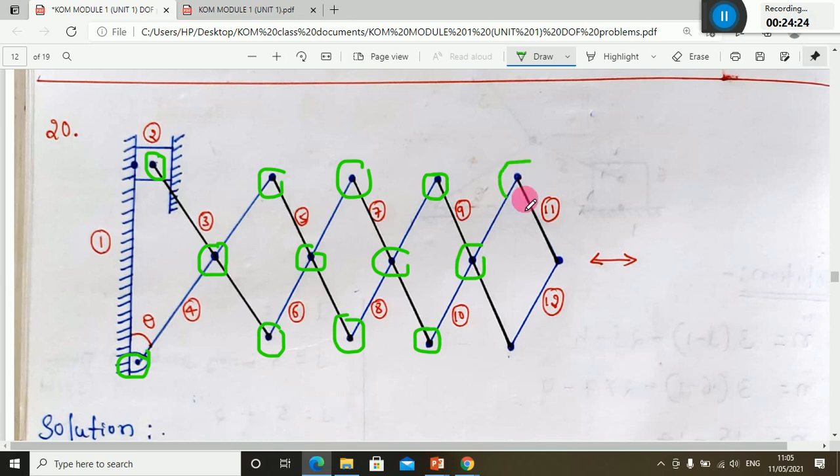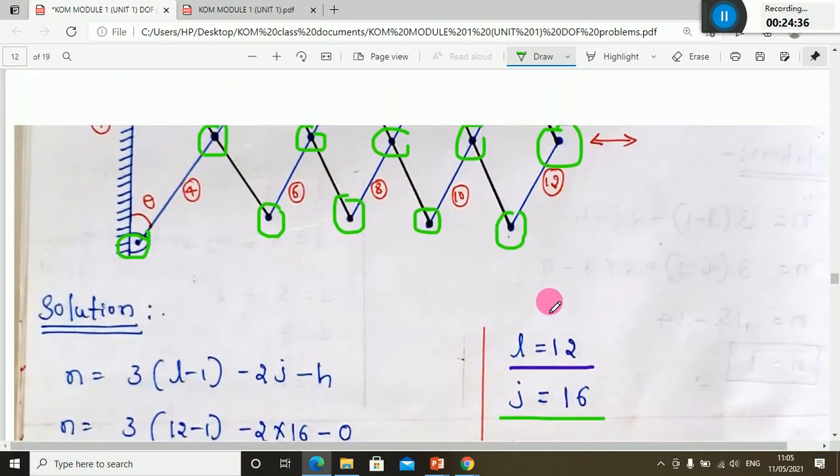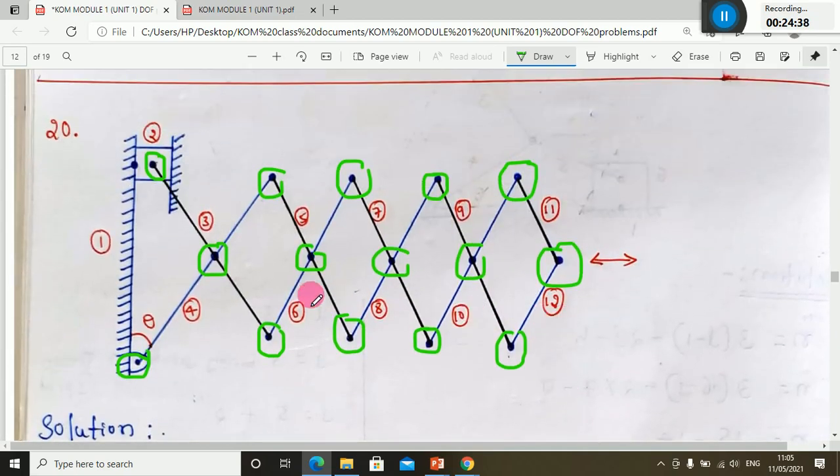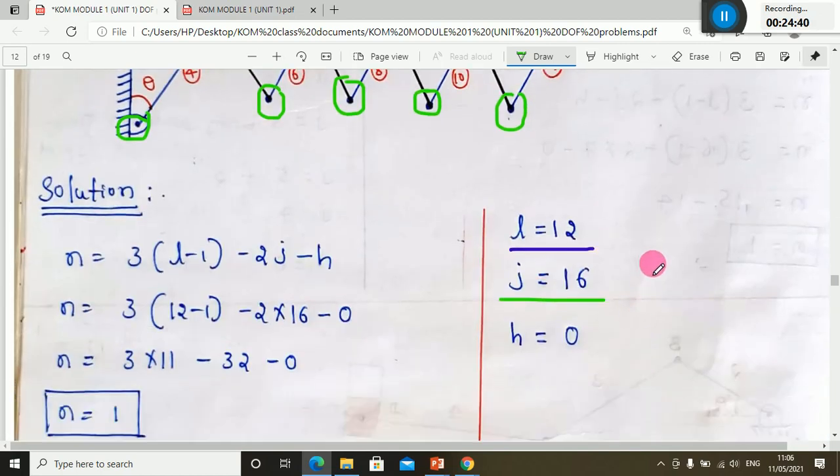Just count how many binary joints. 1, 2, 3, 4, 5, 6, 7, 8, 9, 10, 11, 12, 13, 14, 15. Yes, 15 binary joints.